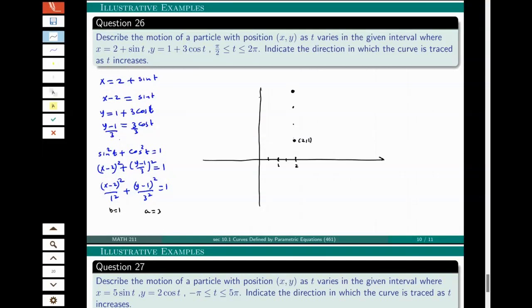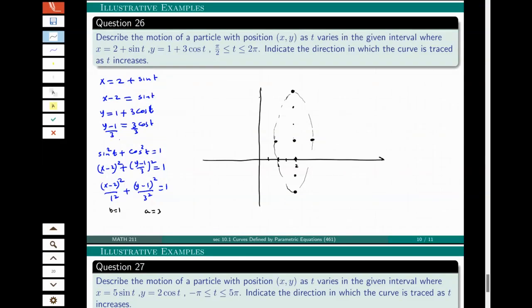That will be the end point of the major axis. 1, 2, 3, and the 3 points below, and 1 unit to the right, 1 unit to the left. So that will be basically the graph supposed to be. This should be the graph.